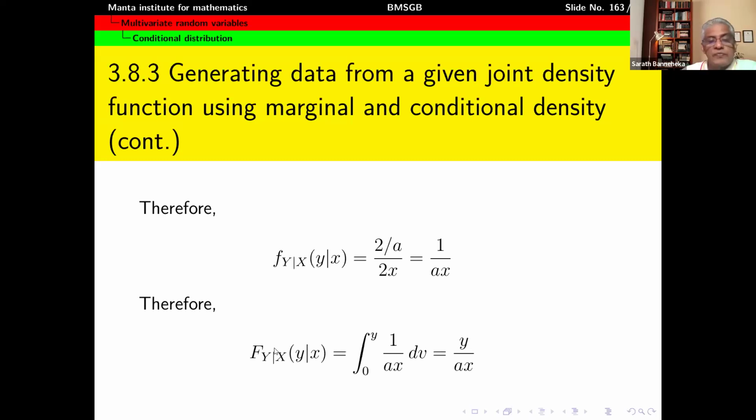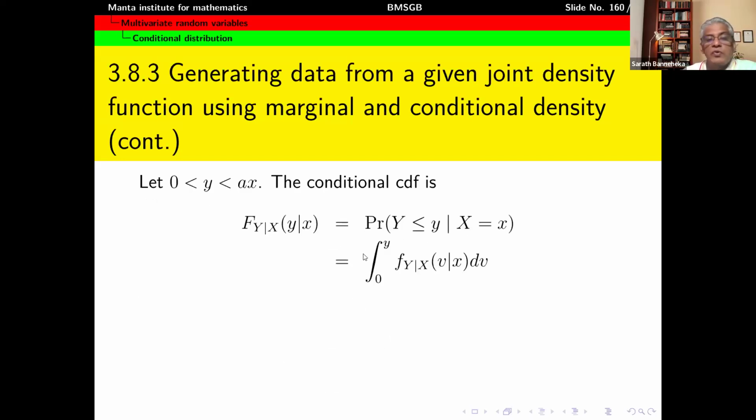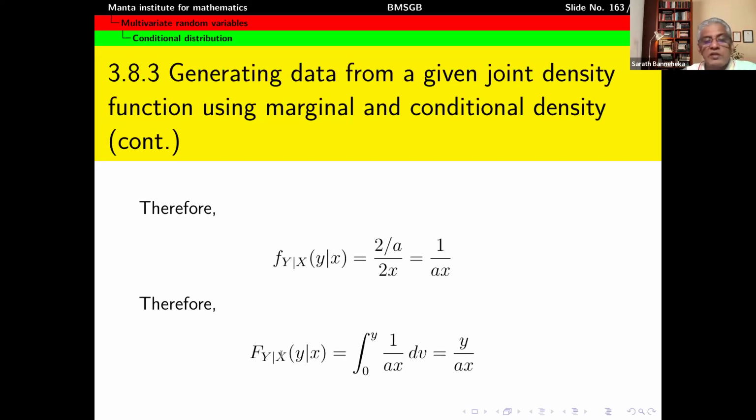So therefore, now I get the conditional CDF, right? That's what we wanted here. The conditional CDF is equal to integration from 0 to y of the conditional density. So therefore, the conditional CDF is equal to integration from 0 to y of this function, 1 over 2x, with respect to dv.